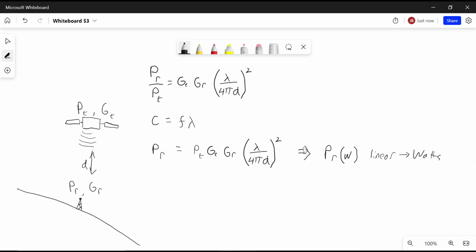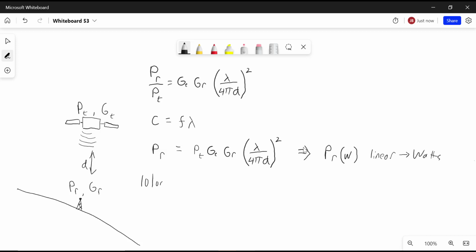In the logarithmic, or more specifically, we call it the dB form, decibels. So if we convert this to logarithmic, imagine if I take 10 log of both sides of this equation, 10 log of PR in watts is the definition of the decibel scale. So it would be dB watts. On the right hand side, let's just follow that through, where if I said, well, let me just draw it out explicitly here.